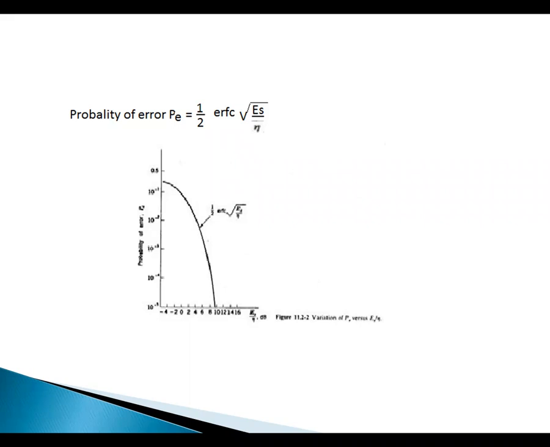He gave some limits. Shannon limit is there. Shannon limit means minus 1.6 dB. In the next classes, we are going to derive Shannon's theorem.